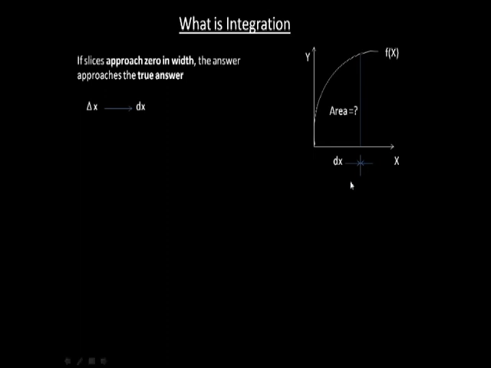Then we can write the slice as dx instead of delta x because it is very small. But there is a problem. If we take this very small dx, then around thousands or lakhs of slices will come under this curve. Adding all these slices is a very difficult process for finding the area under the curve.